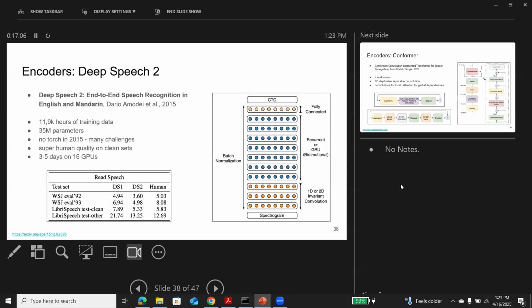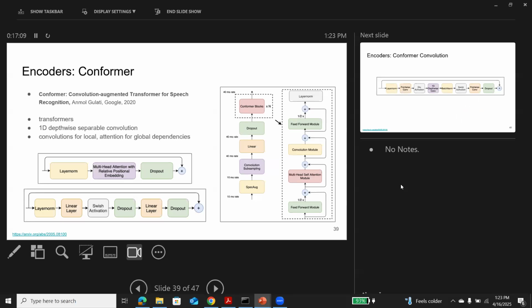Now, instead of the recurrent neural networks, of course, we can use transformers. And people tried to apply transformers, but it appeared that, if you remember, audio, if we work on waveforms, is represented by a very, very long sequence, 16K for 1 second, for example.